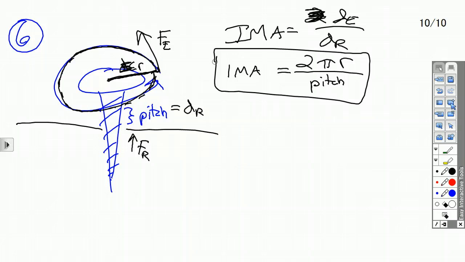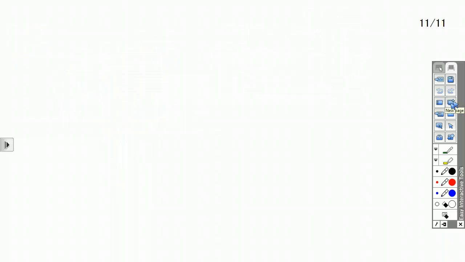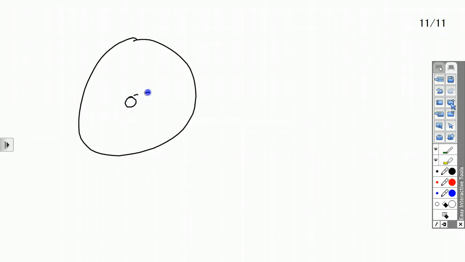And last but not least, wheel and axle. New space for this. This is my wheel. Let's say that has an axle going back. Your effort and your resistance can switch with this. What is driving what?